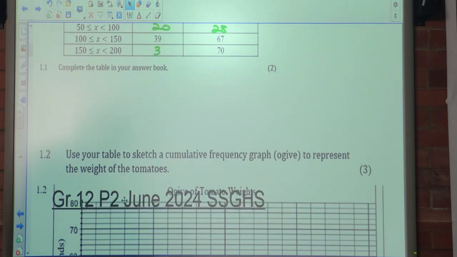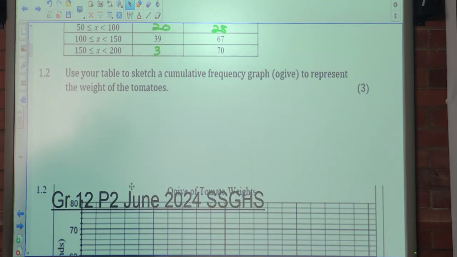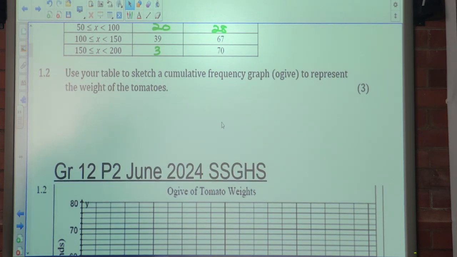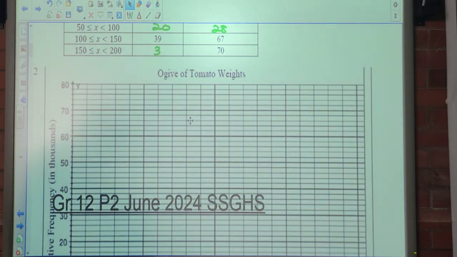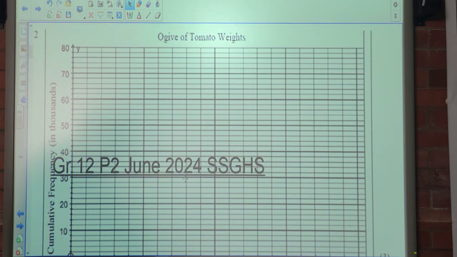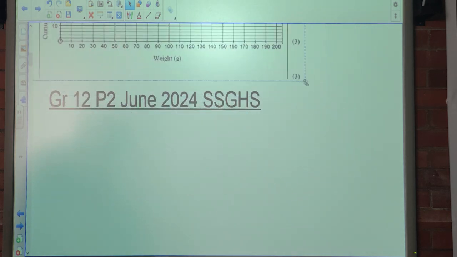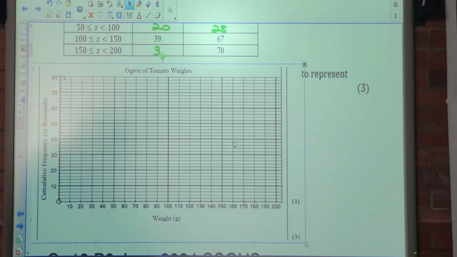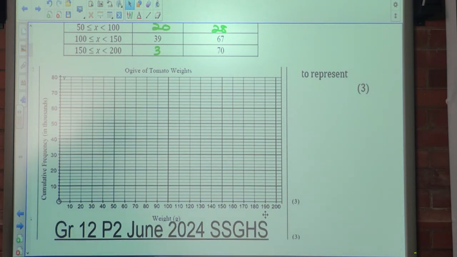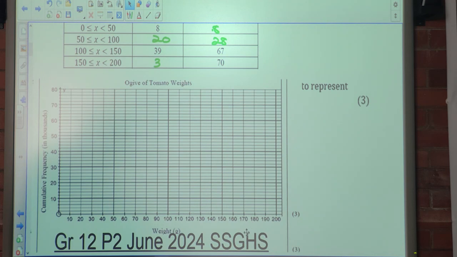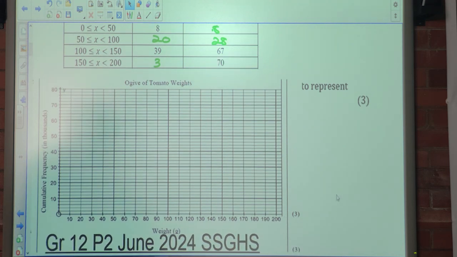Then the question says, use your table to sketch a cumulative frequency graph to represent the weight of the tomatoes. Okay. So this is your cumulative frequency graph. So let's plot.